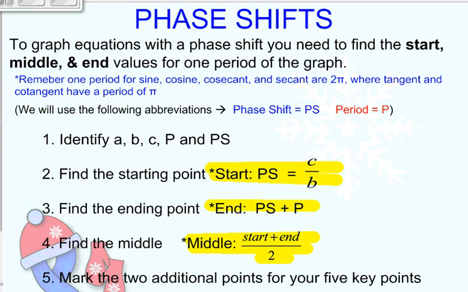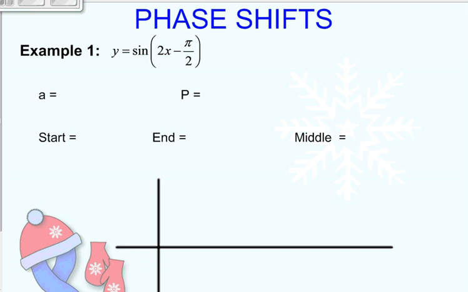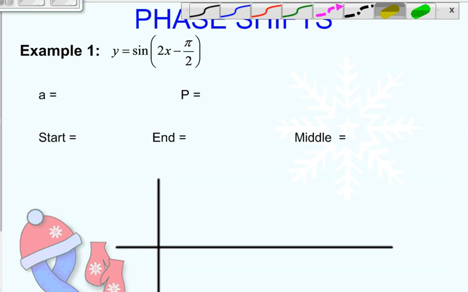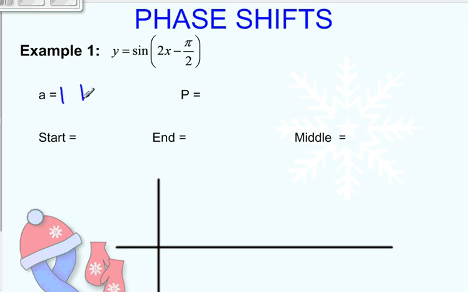Remember, we're always graphing 5 points, including the asymptotes, always 5. We're only graphing one period, so just keep that in mind. We have to find all of our pieces. So A is 1, B is 2, C is positive pi over 2, because there's a negative there.